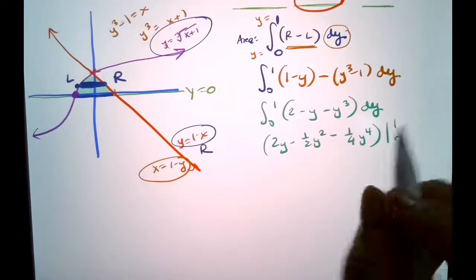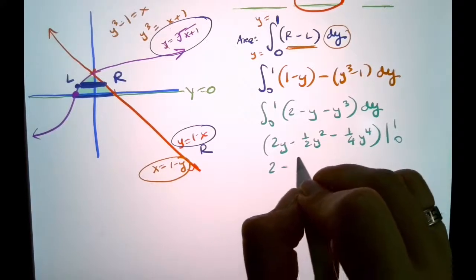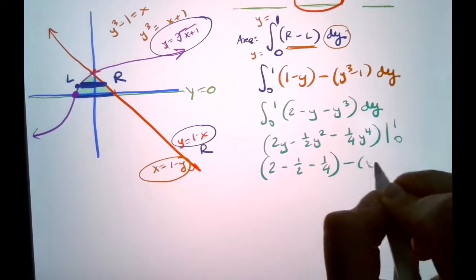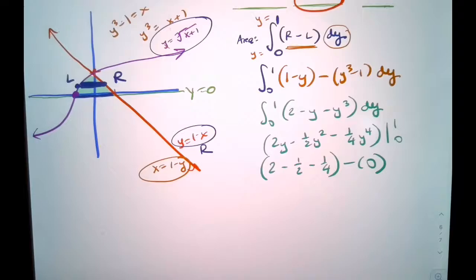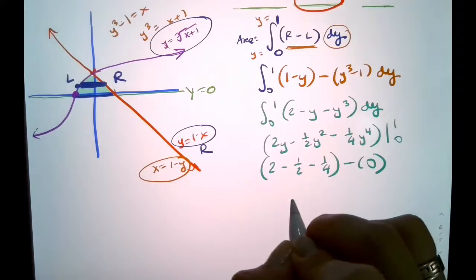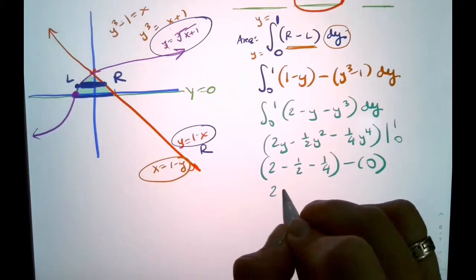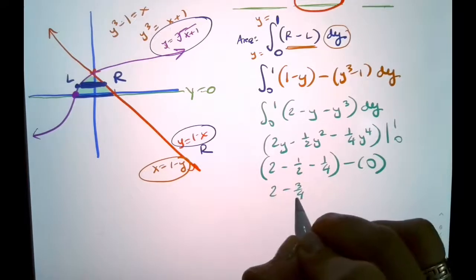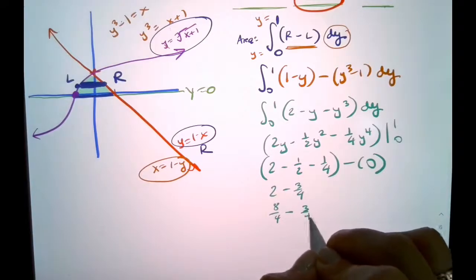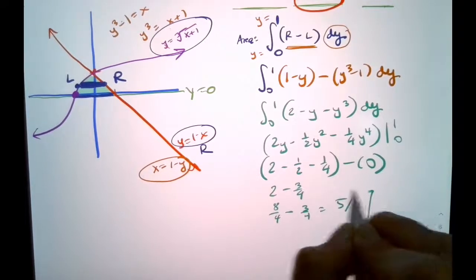I am going to throw in a 1 and then throw in a 0, which means, well, everything goes to 0. So 2 minus 1/2 minus 1/4. Let's see. 2 minus 3/4. That would be 8/4 minus 3/4, which is 5/4.